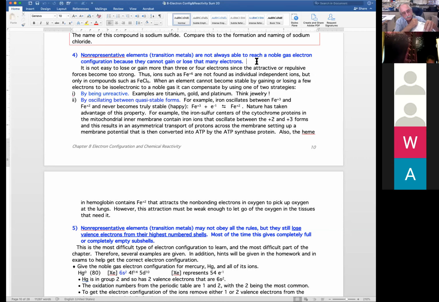Well, what if iron tried to be like a non-metal? Say it tried to gain. It would have to gain 1, 2, 3, 4, 5, 6, 7, 8, 9, 10 electrons. So again, say you have neutral iron, and I take an electron and I bring it close to that neutral iron atom. What's the immediate response? Electron clouds on the surface are going to be trying to repel that new electron.